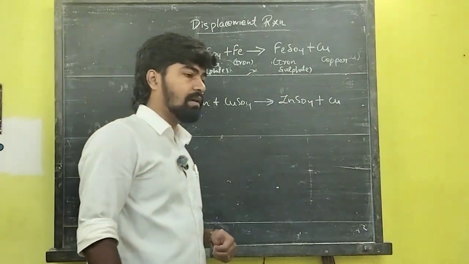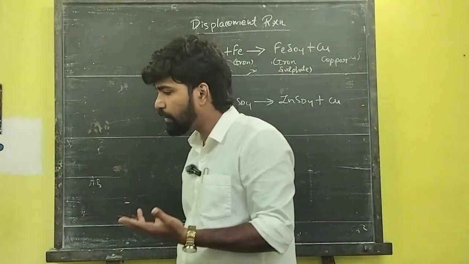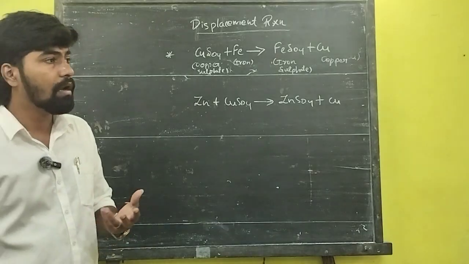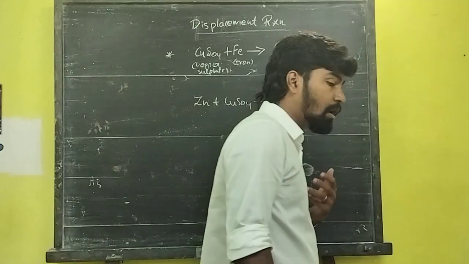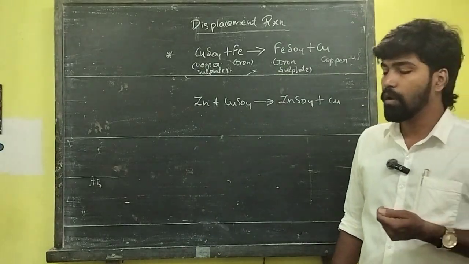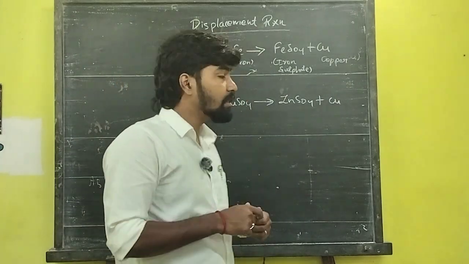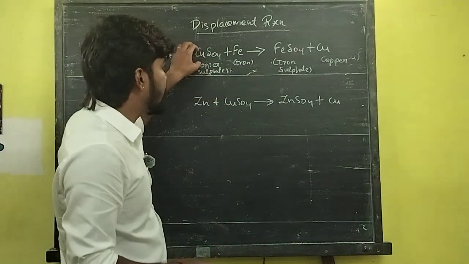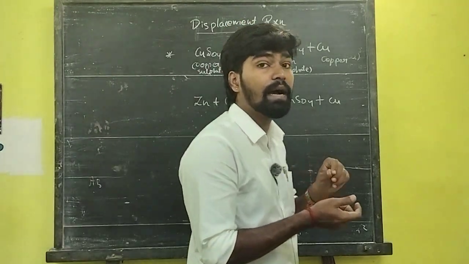If you have copper sulfate solution, an aqueous solution of copper sulfate, it is blue in color. When you add an iron nail to it, the copper is displaced and deposited on the iron.